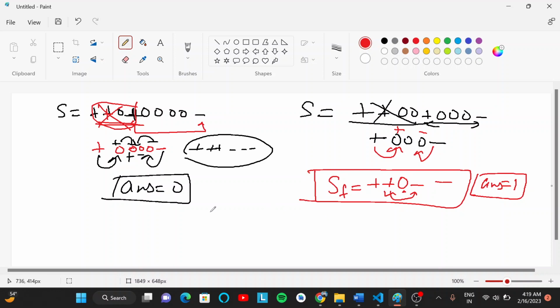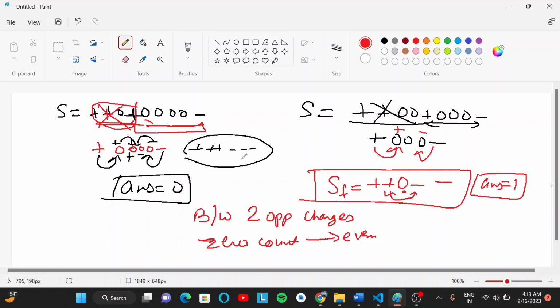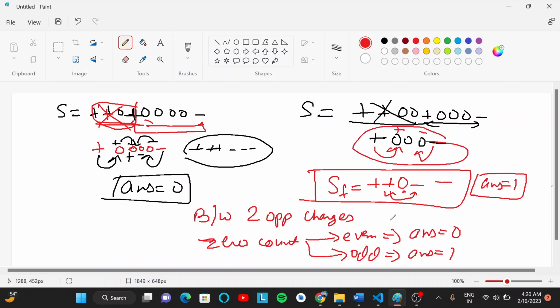And so what we can assume is, between two opposite charges, if our zero count is even, like in this case we had four zeros in between two opposite charges, then our answer will be 0, and if it is odd, our answer will be 1, like we have got in this test case.